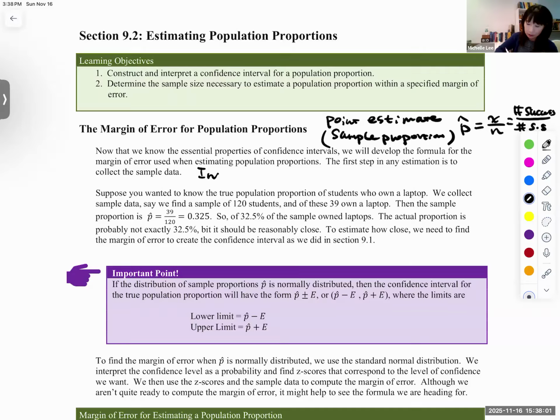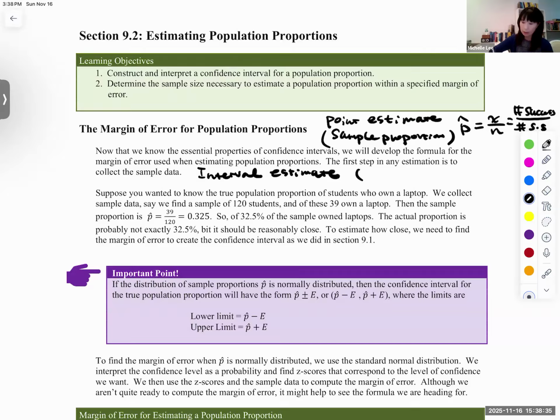We are using a point estimate because we have one single number. If we use the formula x over n, the number of successes over the sample size, we get a decimal, one single number. That's why they call it the point estimate. But then we have an interval estimate, like interval notation from the algebra course.